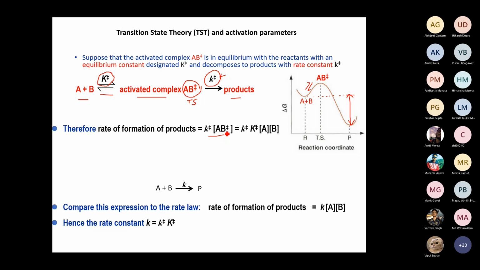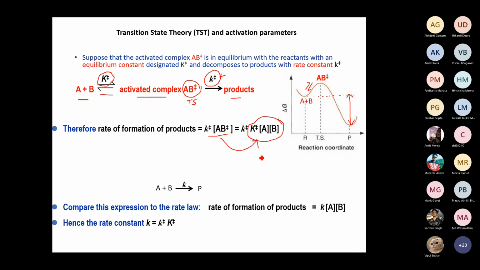It is in equilibrium with A and B. So K should be the activated complex divided by the concentration of A times the concentration of B. If you convert this, the activated complex is equivalent to the equilibrium constant times the concentration of A times the concentration of B. Am I correct? Yes or no? It's clear? Yes, sir. This is very simple.